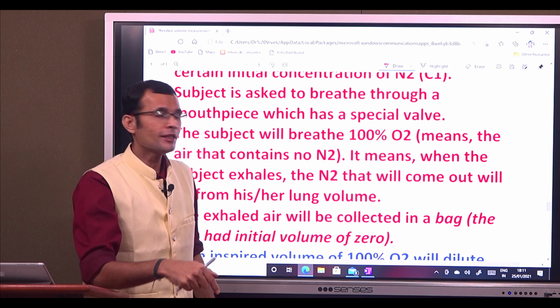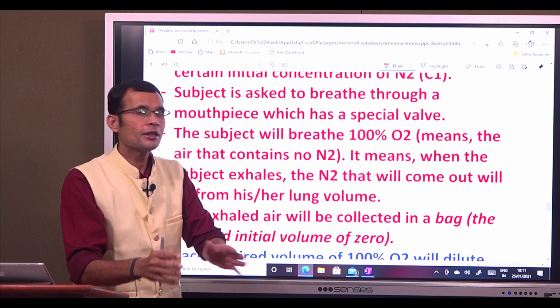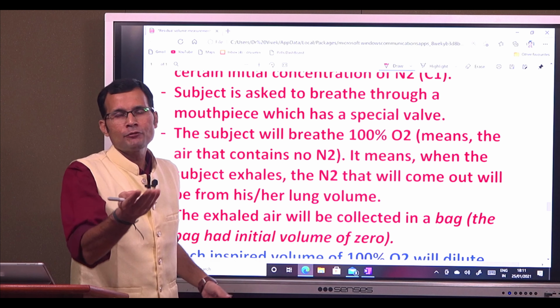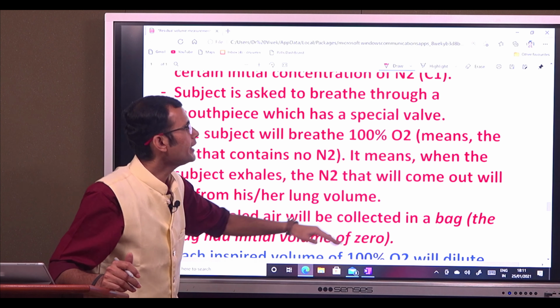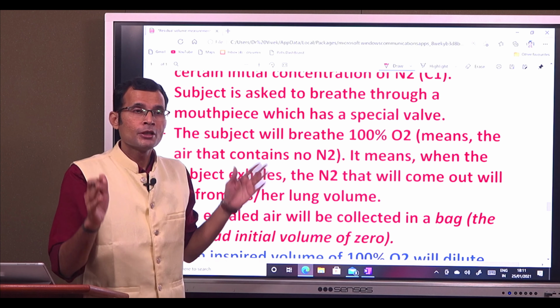And we don't want the gas coming from the blood also. It was possible that some amount of gas comes from the blood into the alveolus and comes out with expiration. We don't want that to happen.